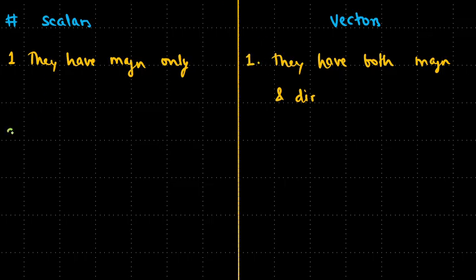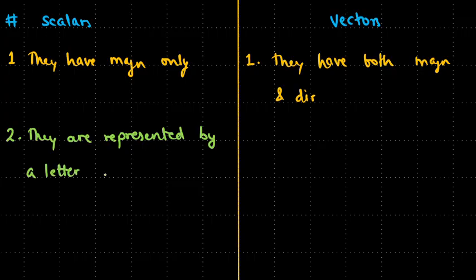Let's change the color so that it's not that confusing to read this. So scalars are represented by a letter or letters and symbols only. If you think of an example, let's say pressure is only represented by P, time is only represented by T, and so on.